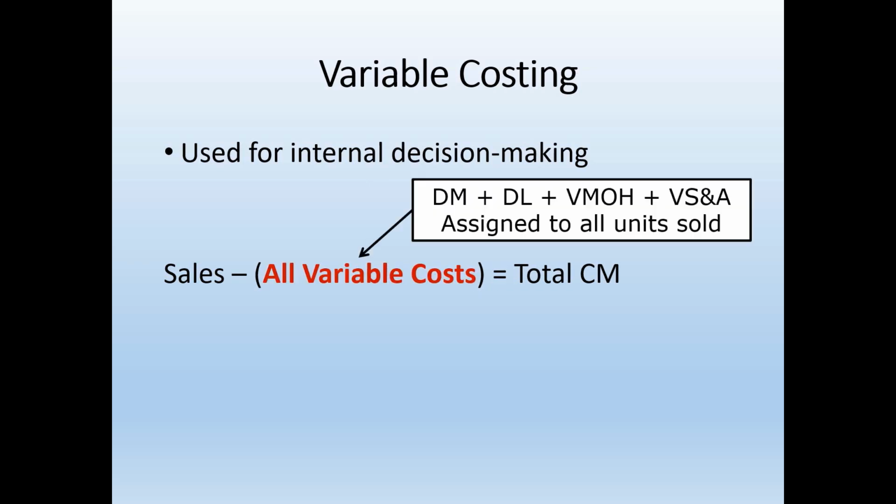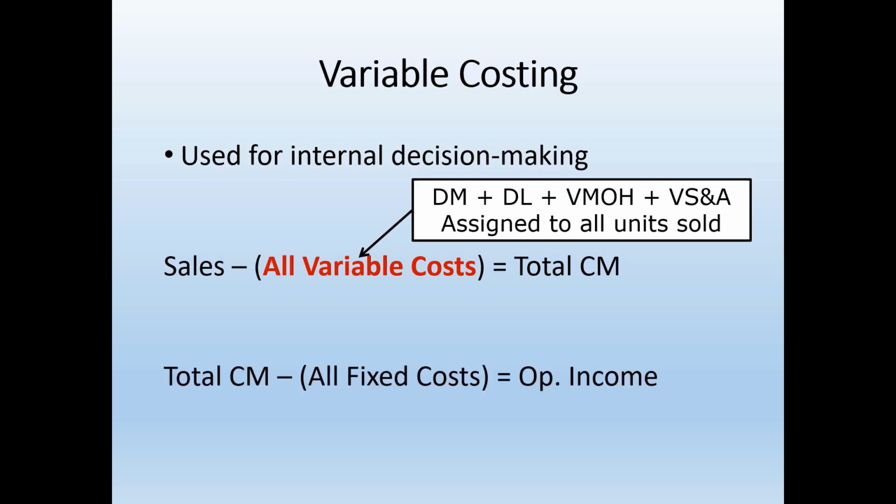Those variable costs include direct material, direct labor, variable manufacturing overhead, and variable selling and administrative costs associated with the units that were sold. But we don't get to keep all of the contribution margin.